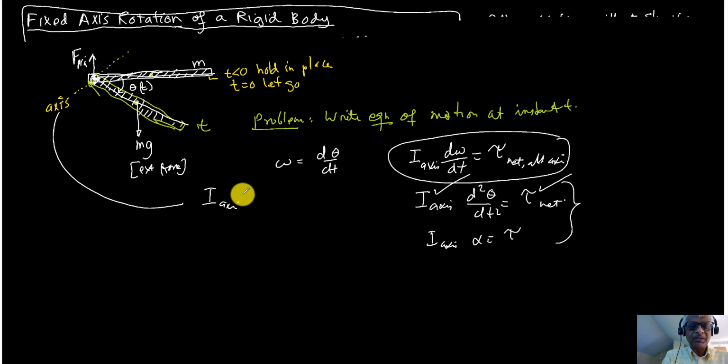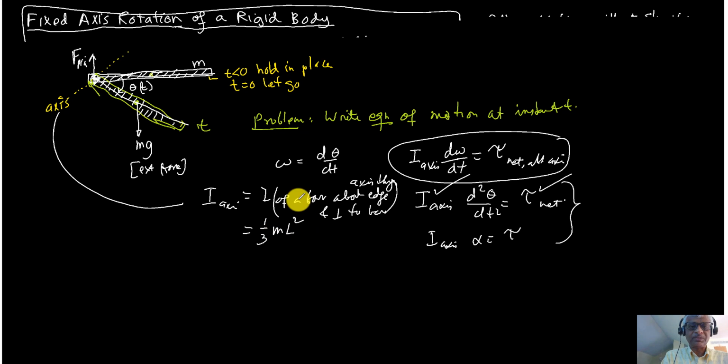So if you look it up, it equals I of a bar about an axis through the edge and perpendicular to the bar. So this is the axis. And if you look it up, it's going to be 1 over 3 m L squared. I didn't give the L. You need the L for the bar. So we got this. This is going to go over there.